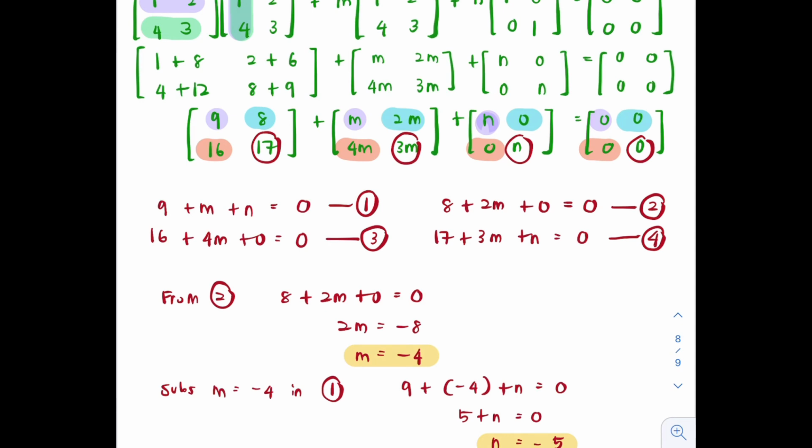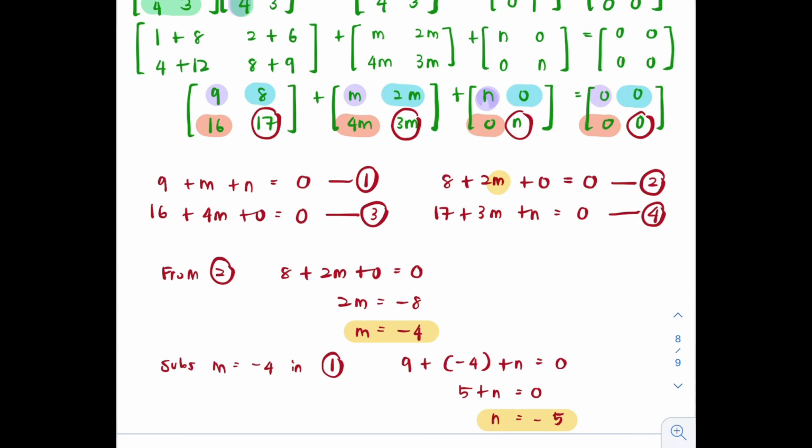From equation 2, you can get straight away the value of M, because in this equation there is only one variable, which is M, so you can just solve that straight away. So M is equal to -4. And then let's substitute M equal to -4 into another equation. For example, here I choose equation number 1.